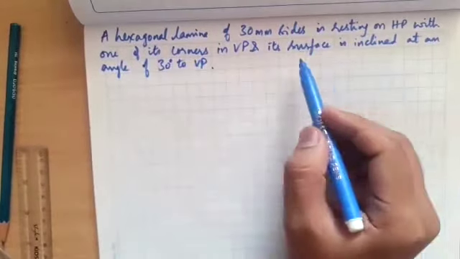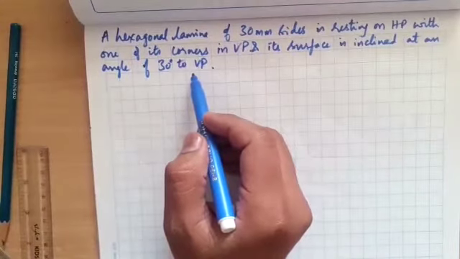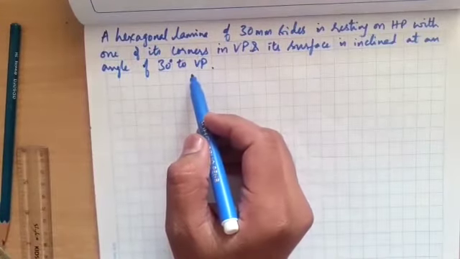This is a very important statement. The surface is inclined at an angle of 30 degree to VP. You need to think, what do you mean by surface?